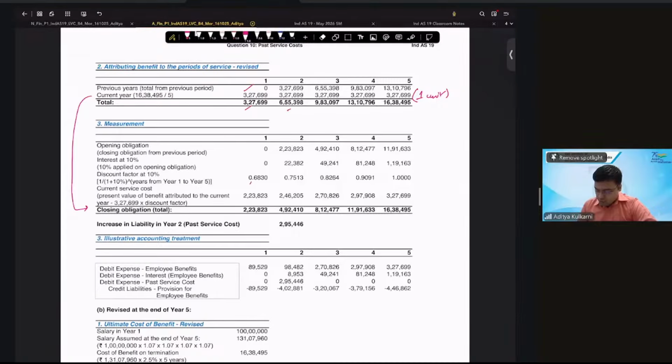So 4th year discounting, 3rd year discounting, 2nd year, 1st year, and this is the present value at the 5th year. 3,27,000 into 0.683, 223, 246. This gets built up to 16,38,495.